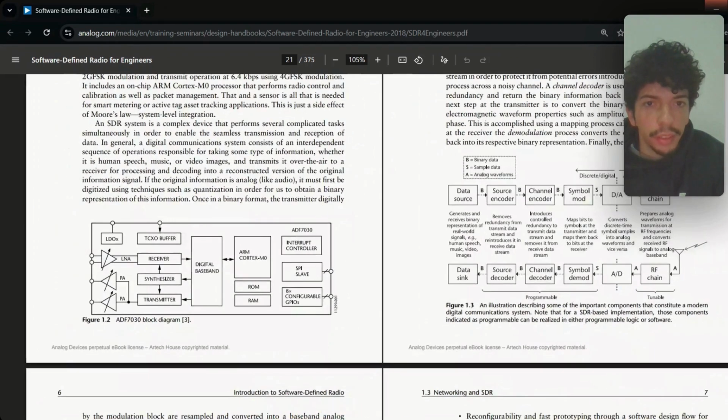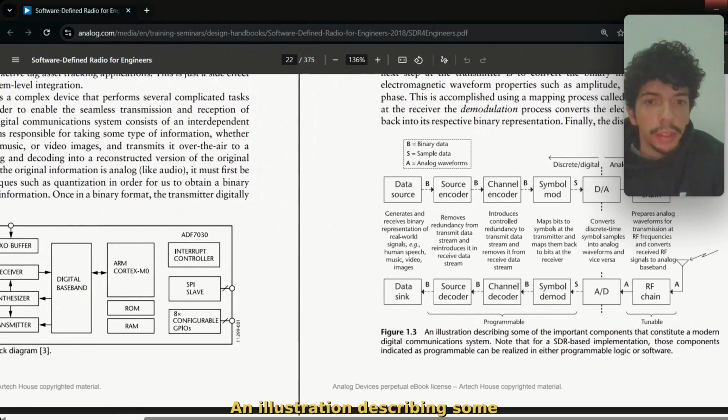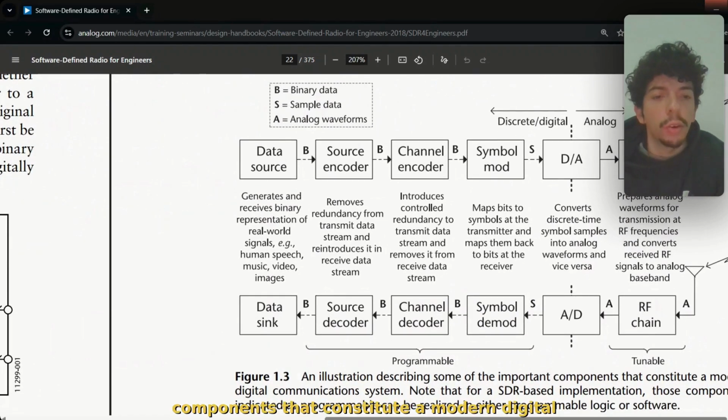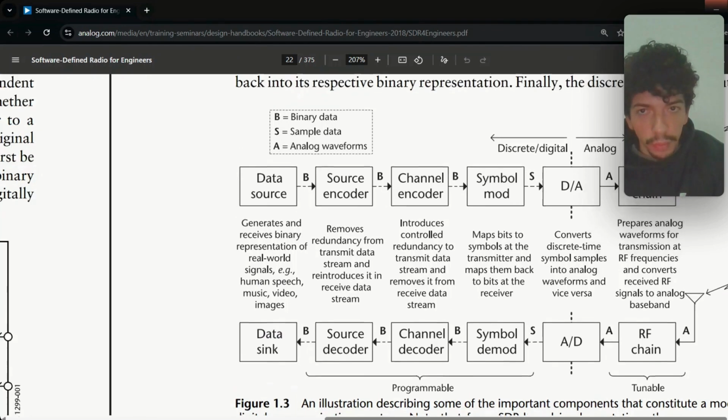Okay, let's start. And next image, figure 1.3, an illustration describing some of the important components that constitute a modern digital communication system. Note that for SDR-based implementation, those components indicated as programmable can be realized in either programmable logic or software.